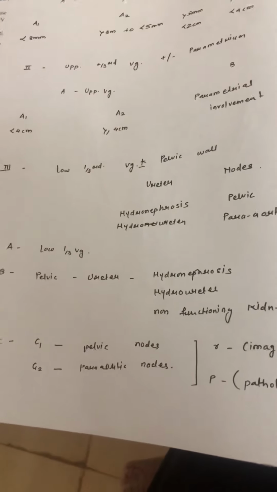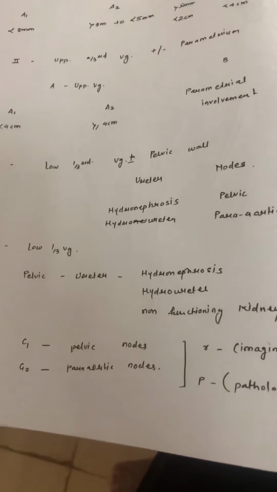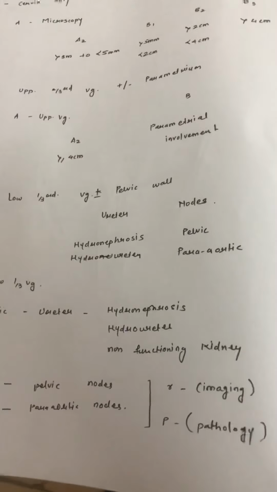So A is lower 1/3 of vagina, B is pelvic ureter involvement and C is nodes involvement. C1 is pelvic node involvement and C2 is para-aortic, which is confirmed by imaging or with pathology, and suffix r and p should be given respectively to the nodes, while stage 4 is biopsy proven involvement of adjacent organ, 4A, and 4B is distant organs such as lungs, liver and bone.